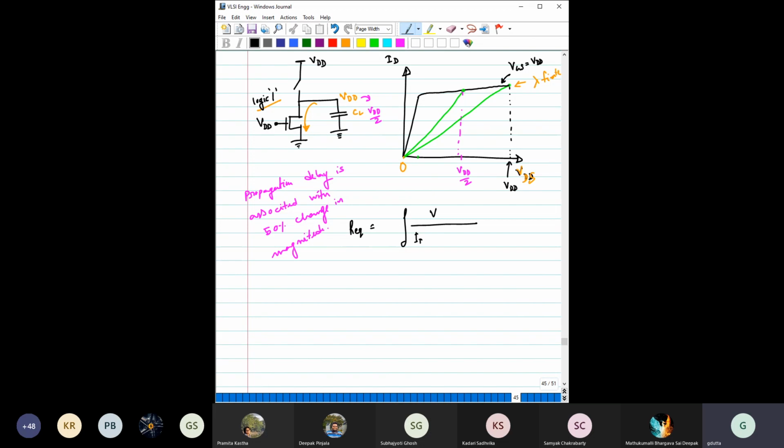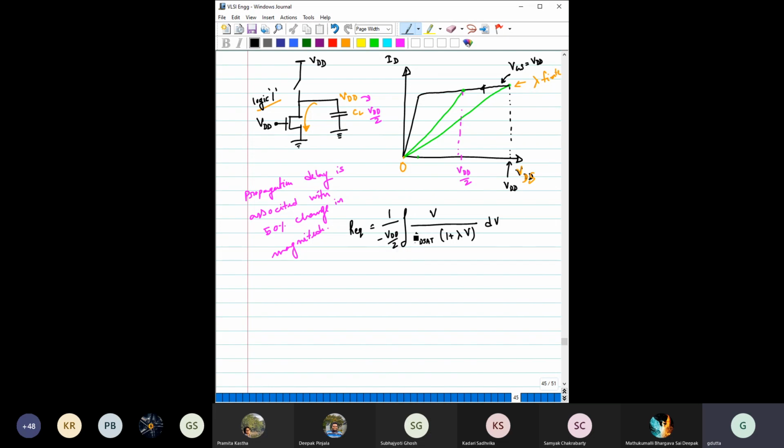If it is a submicron device, we can write this as ID sat into 1 plus lambda of V, where this V is basically VDS. We are summing it up and taking an average, as the change is from VDD to VDD by 2, so the range is VDD by 2.